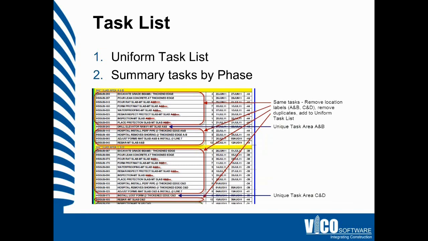Now, I used a phrase before to describe some of the data that we use as the building blocks in this system, and that's the uniform task list. For those of you who have watched some of the other scheduling webinars, or have talked to me personally, or are generally involved with Vico, you've probably heard this phrase before.